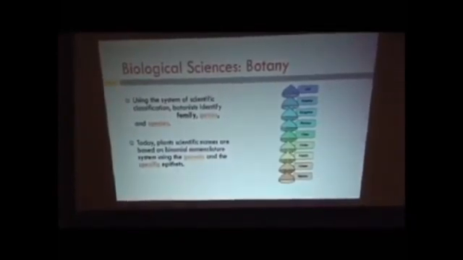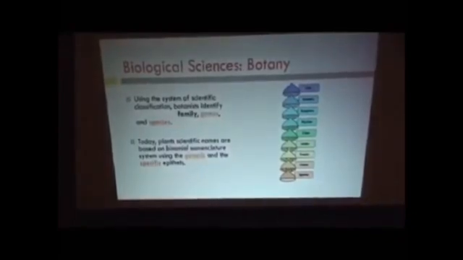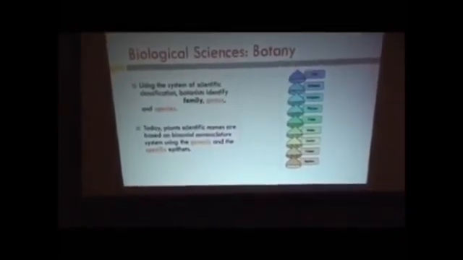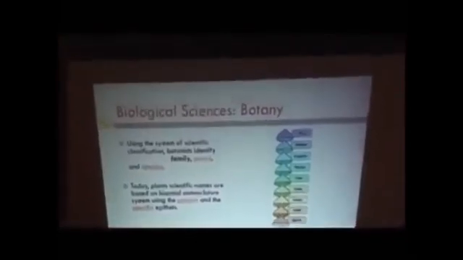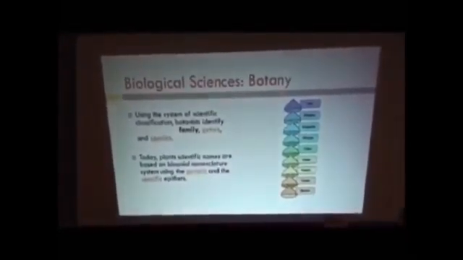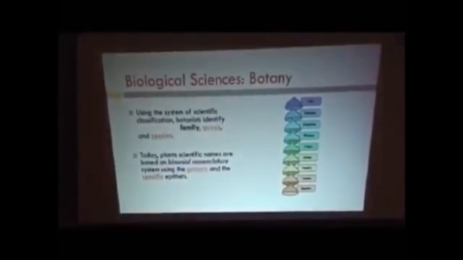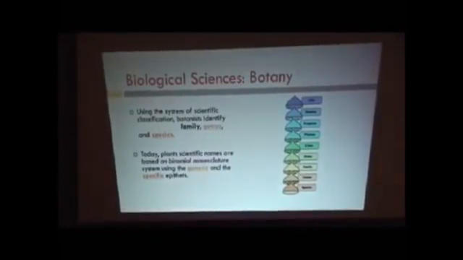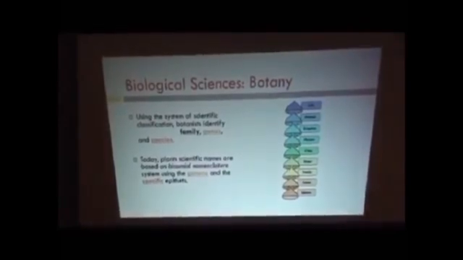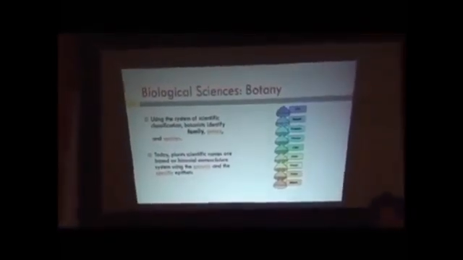Now we don't call people yellow, right? But when he came up with this system, he had it in a hierarchy where white was the highest, then yellow, then red, and black was at the end. The same person who created that system created this system of how to classify plants and animals.